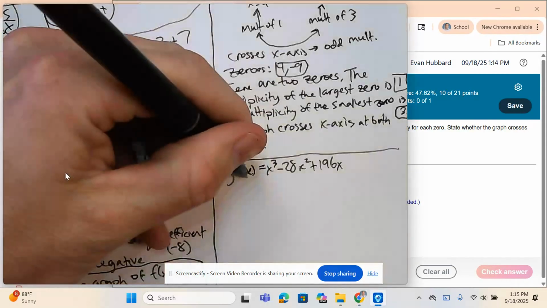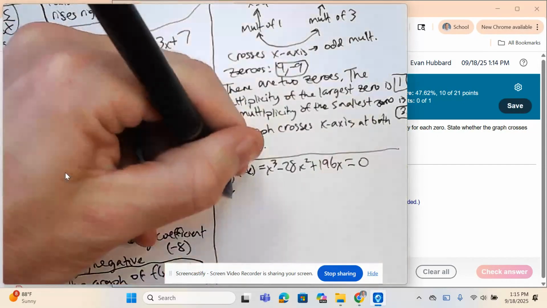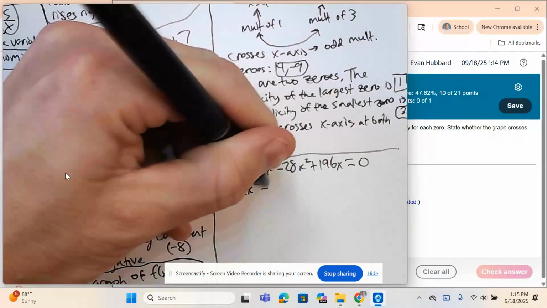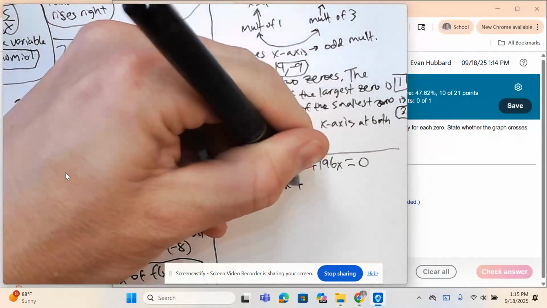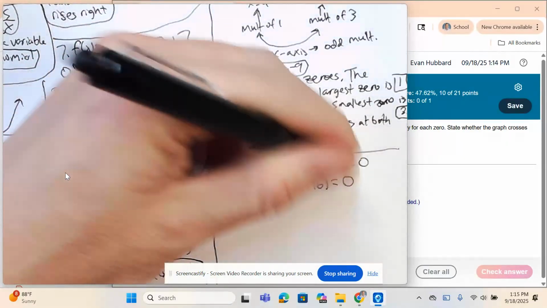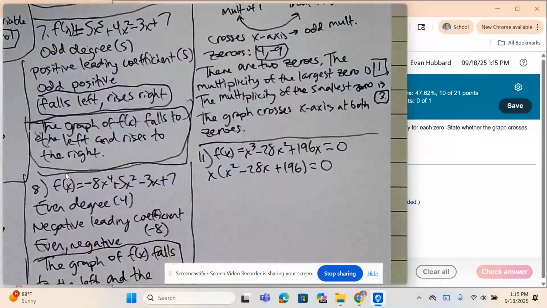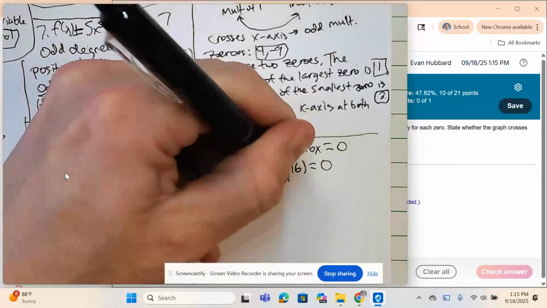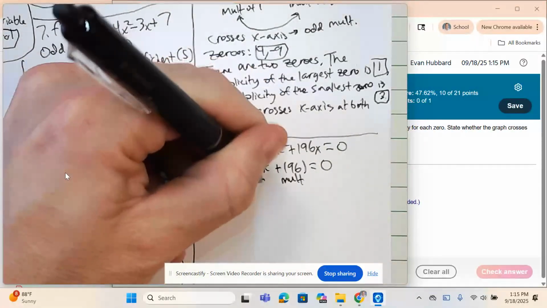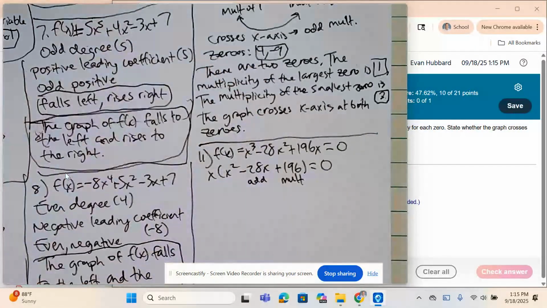I'm going to solve it, so I'm going to make it equal 0. So I'm going to factor out x. I need two numbers that multiply to 196 and add to negative 28. What about negative 14, negative 14?